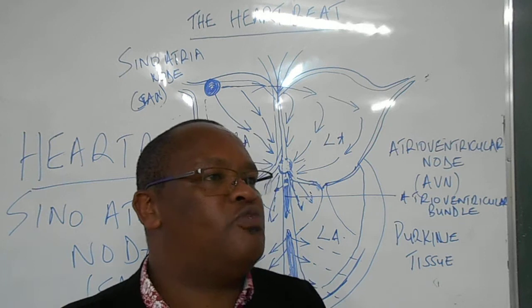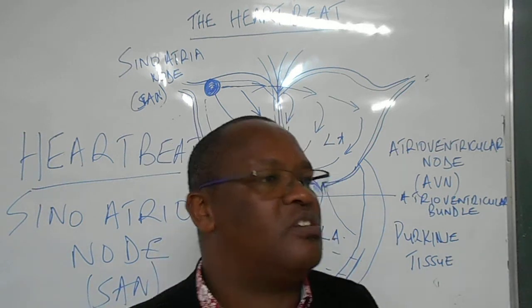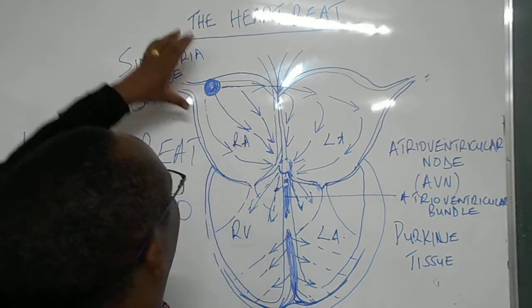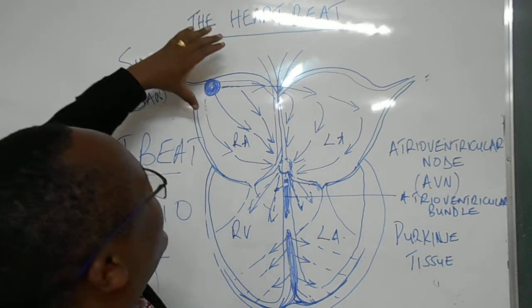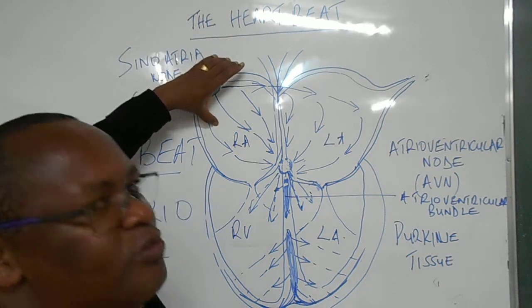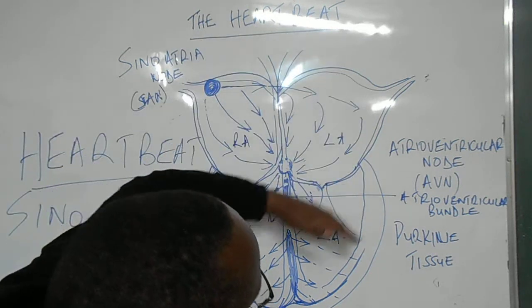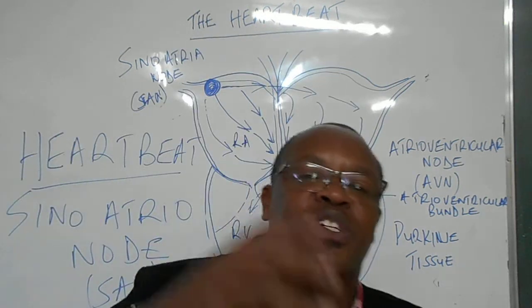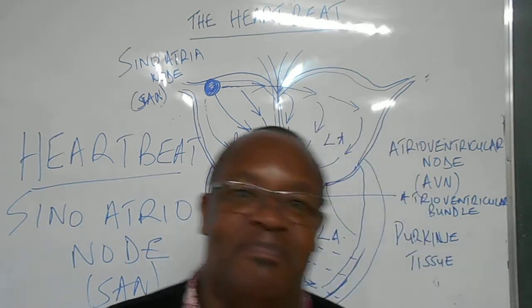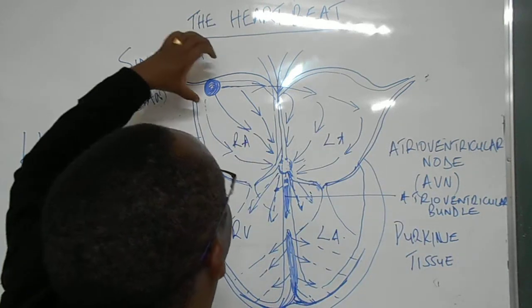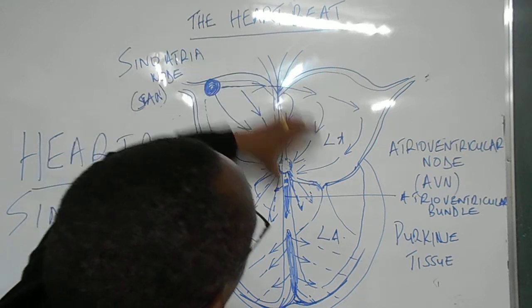Now, contraction is as a result of depolarization of these tissues. When they are depolarized, they release a wave of excitation that spreads to all parts of the heart, causing contraction of other parts of the heart. You getting that? So the wave of excitation spreads to all parts of the heart.